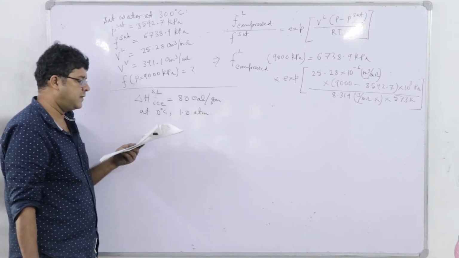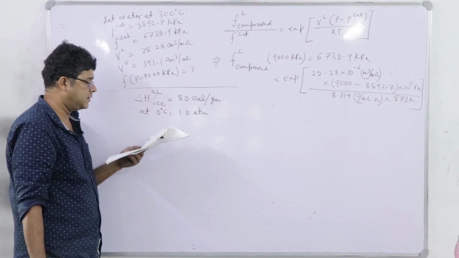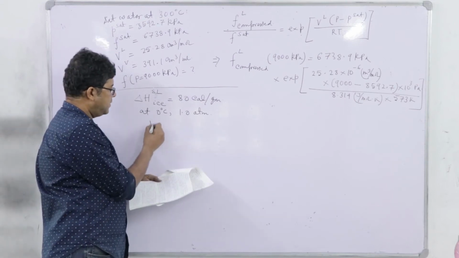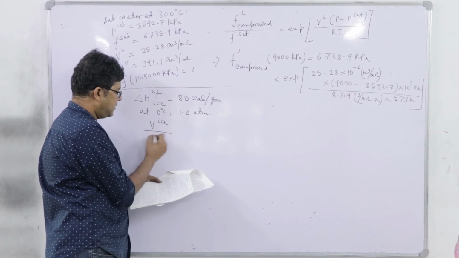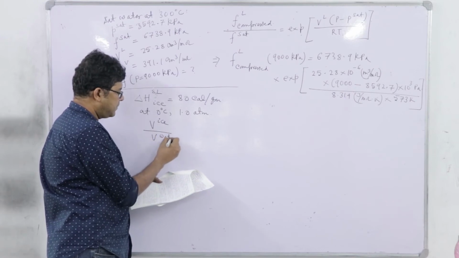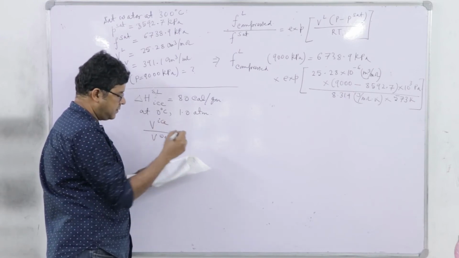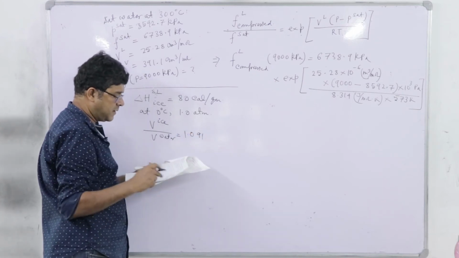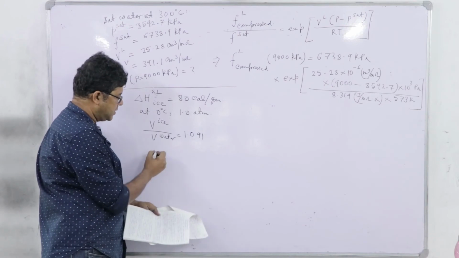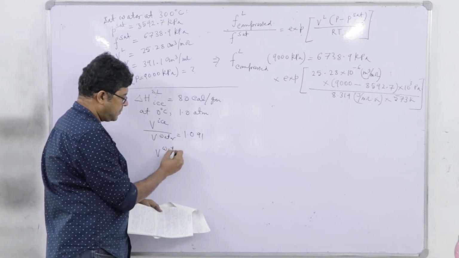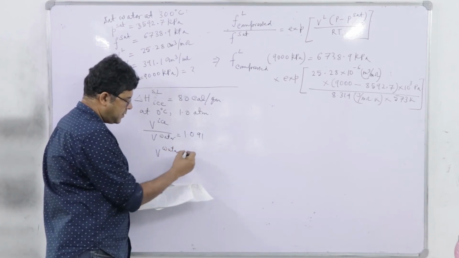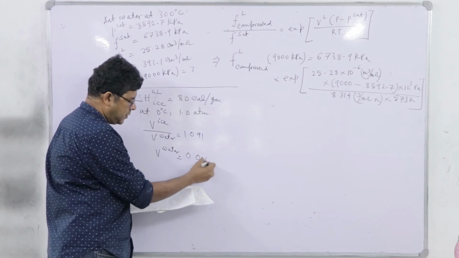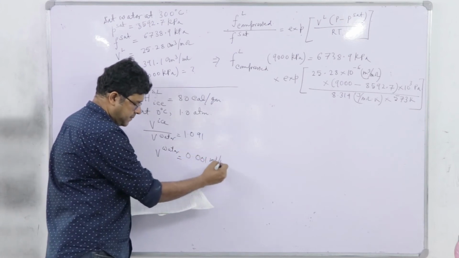The ratio of specific volume of ice and water, V ice by V water, is 1.091, and specific volume of saturated liquid water is 0.001 meter cube per kg.